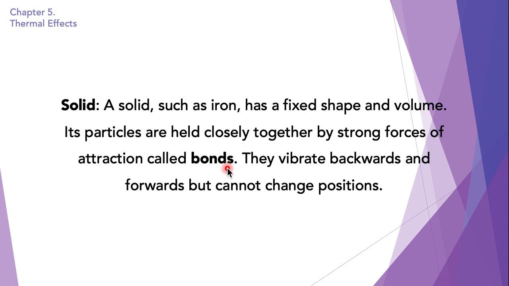So these are the bonds that make particles get held closely together. The particles vibrate backwards and forwards but cannot change positions. So this is the structure of a solid: the particles are held closely together by strong forces. They're not weak. They're strong forces of attraction, and they can only vibrate about their positions, but they cannot move.